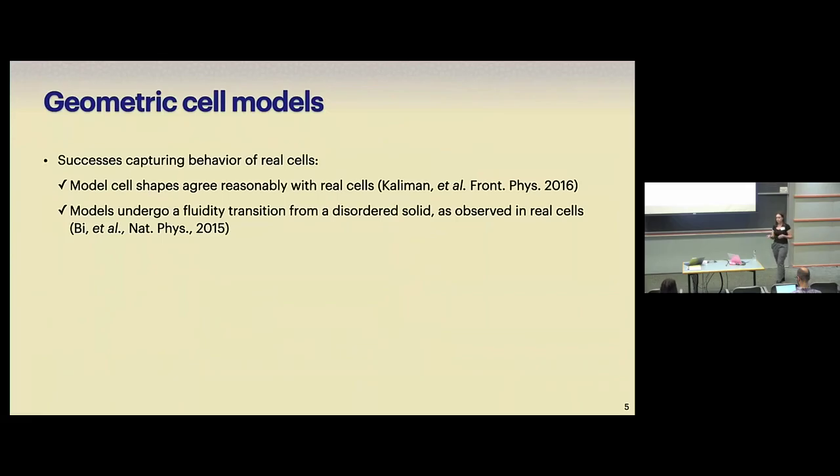It's been shown that there's around 90% agreement between the shapes of real cells and a Voronoi tiling of the same cells. Another thing is that, as I said, this is an inspiration for all of this work, but these models do undergo these fluidity transitions between a disordered solid and a fluid, as is observed in real cells.